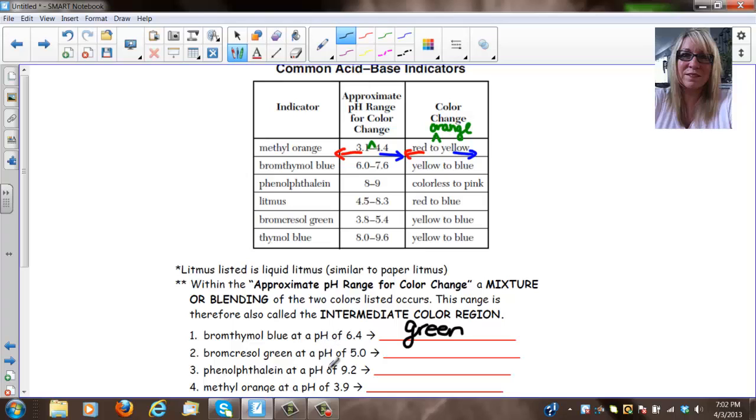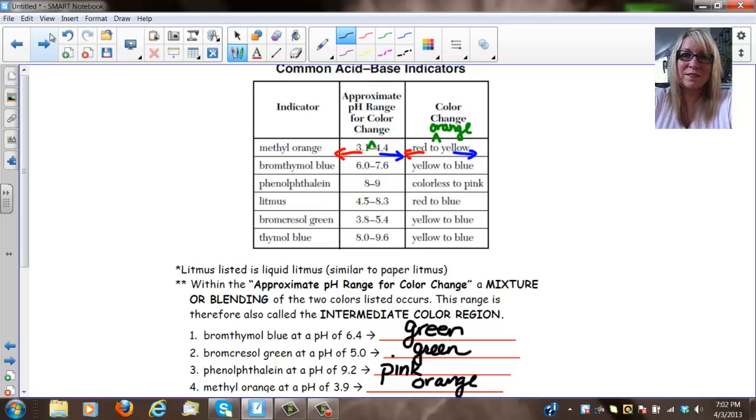Bromcresol green at a pH of 5. That's my middle range. A blending of yellow and blue makes green again. Phenolphthalein at a pH of 9.2. Phenolphthalein greater than 9 is going to be pink. And methyl orange at a pH of 3.9, that's in the middle, so it's going to be orange.